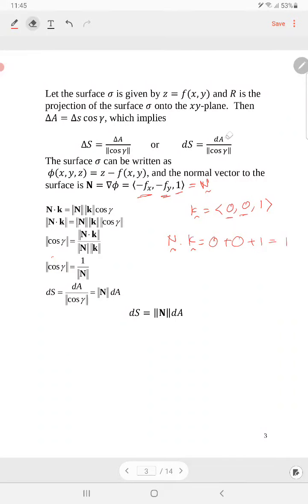Then rewriting this, remember ds is equal to dA over cos gamma. So from there we get ds is equal to dA divided by cos gamma, and cos gamma is 1 over the magnitude of n. So ds is equal to the magnitude of the normal vector times dA. So when we project our surface sigma onto a region on a plane, ds is equal to magnitude of normal vector times dA.